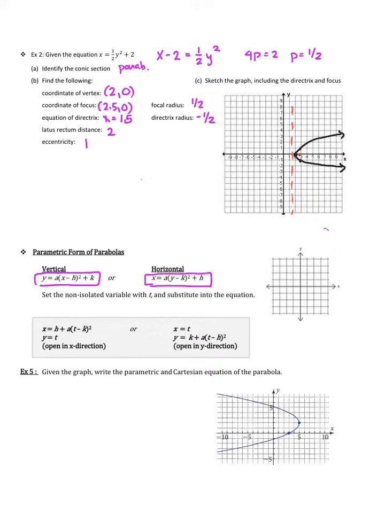And wherever the squared term is, you're going to replace it with t, and then you're going to say what that t replaced. So t replaced y if it was vertical, and t replaced x if it was horizontal. And that's pretty much all there is to it.